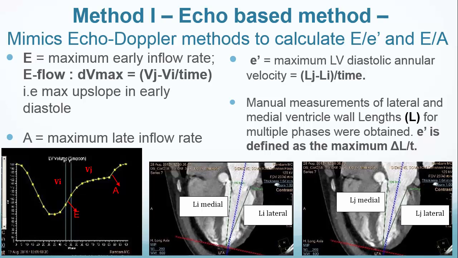We also calculated E prime. To do that, manual measurements of lateral and medial ventricular wall lengths from the annulus to the apex were taken, and E prime was defined as the maximum change in length over time.